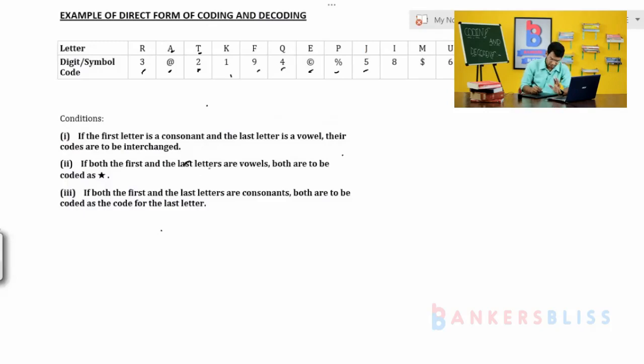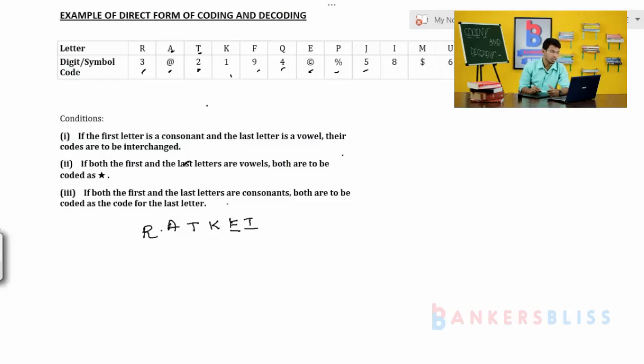So simple, guys, I will write R as my first letter, then I will write A, T, K, F, and I will write I here. R, A, T, K, F, I. So how can we code it?